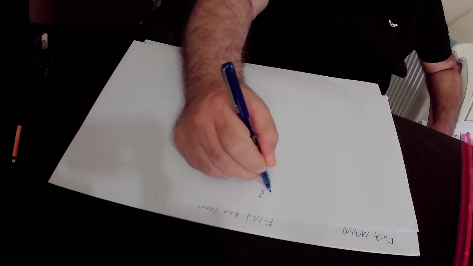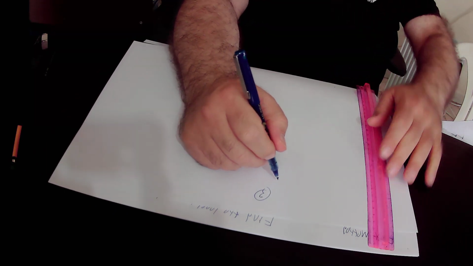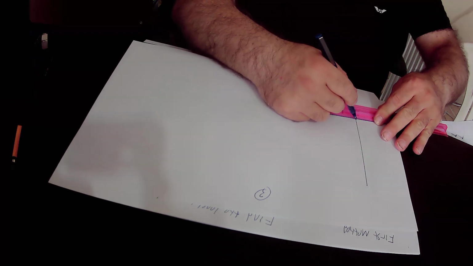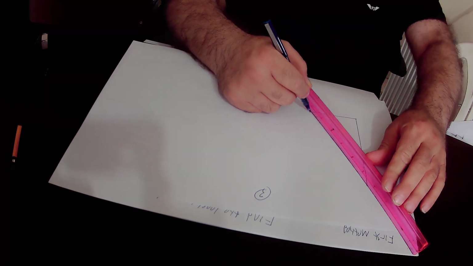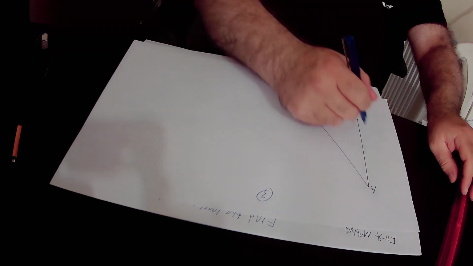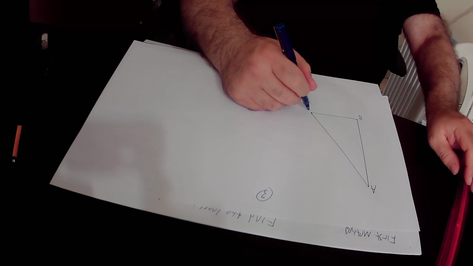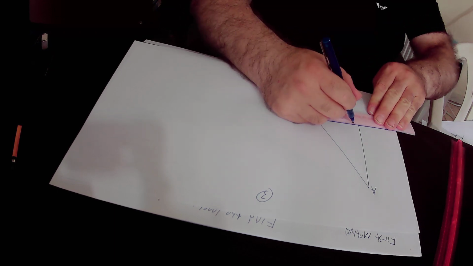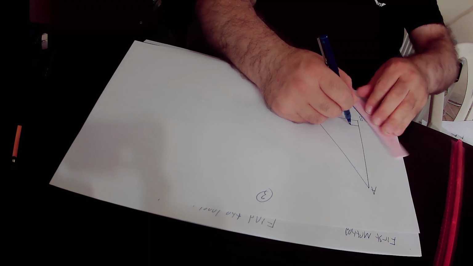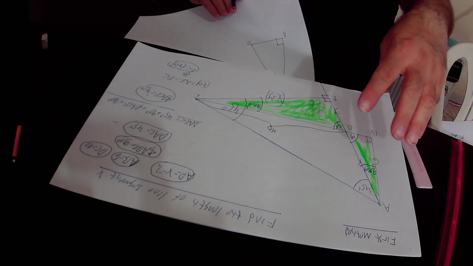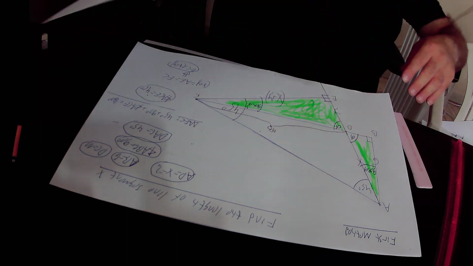So here we have the right triangle, triangle ABD. And we have also triangle ADC.